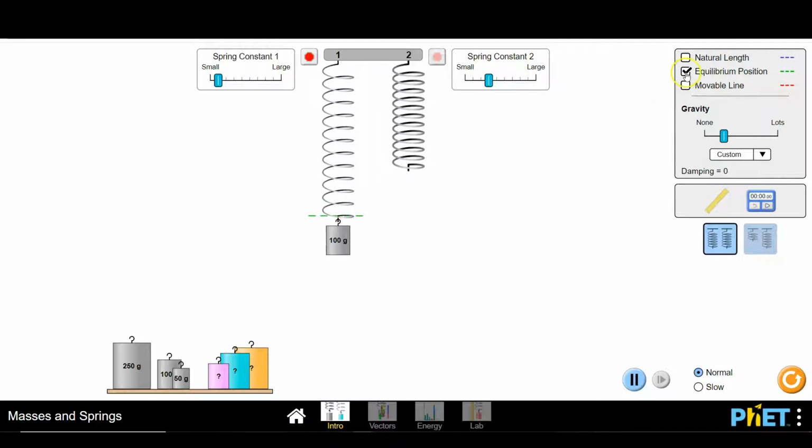If you look at this equilibrium position, this mass is always going towards it, which is its position if it's just resting, right? The highest that it goes is going to be the displacement that it has. So the space from the equilibrium position all the way to its high point is its displacement.